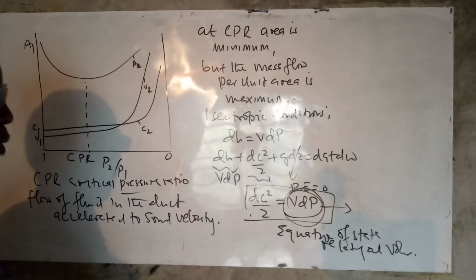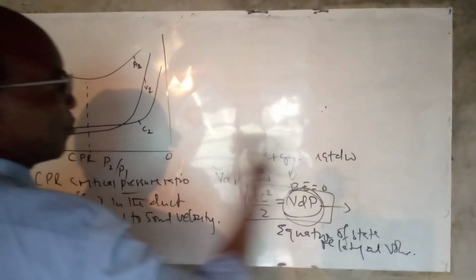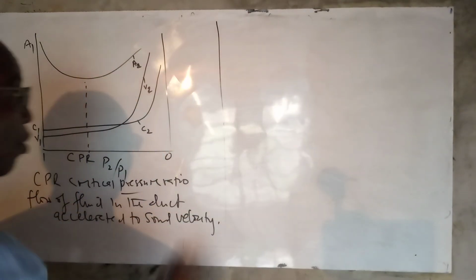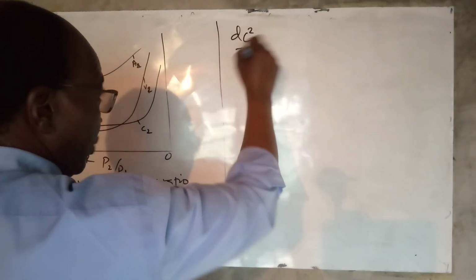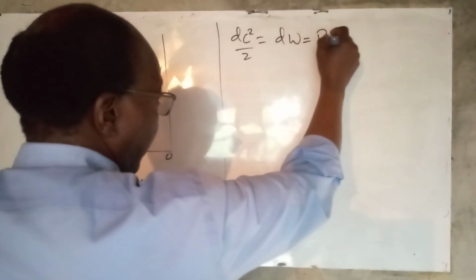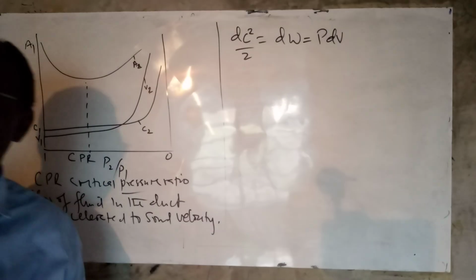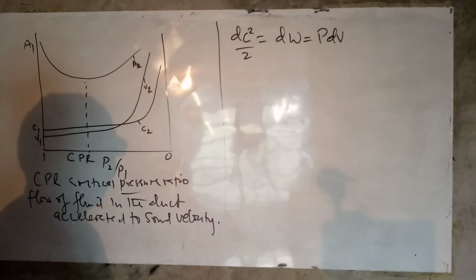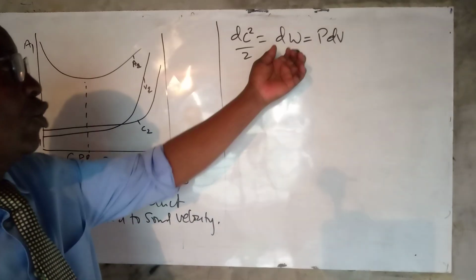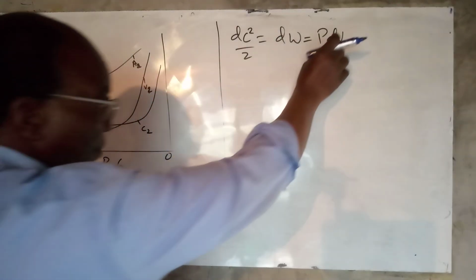And so, on the same premise, from the steady flow expression, d(C squared) over 2 is dW, and that is P dV. This is something we are used to in thermodynamics. Remember, we are assuming pressure-volume work, and that is P dV.